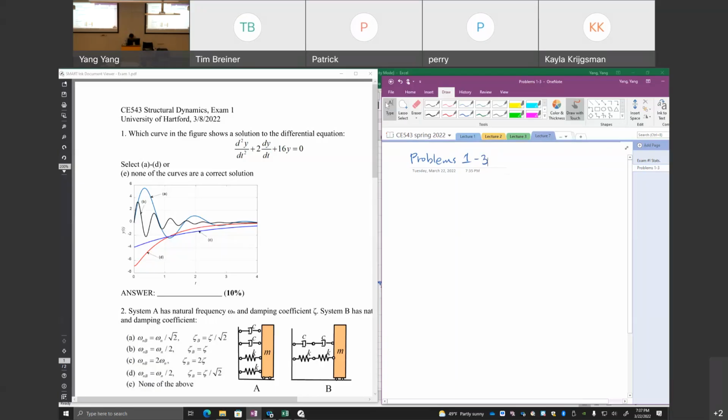So we compare it to the equation of motion. What's the equation of motion? The equation of motion has m times y double dot plus c times y dot plus k times y is equal to 0.